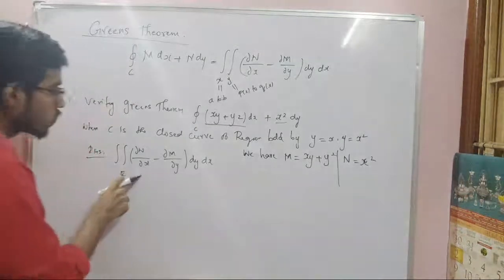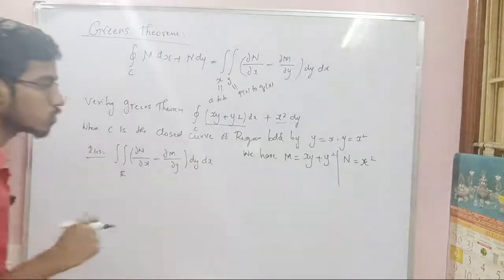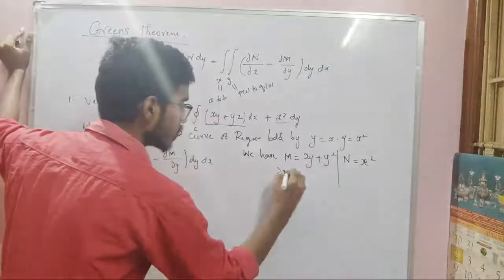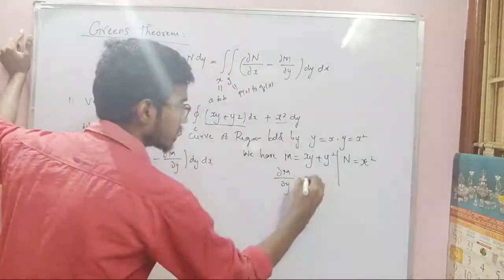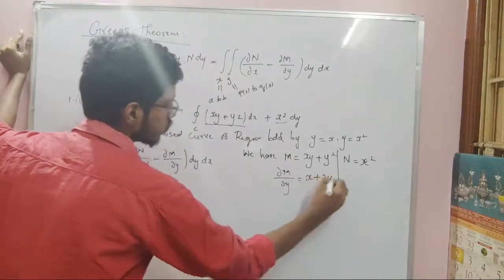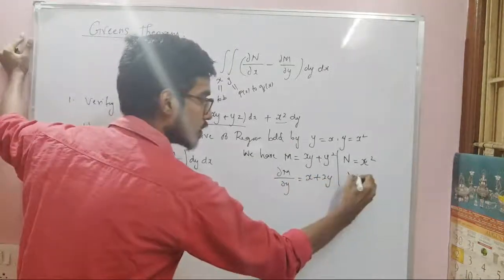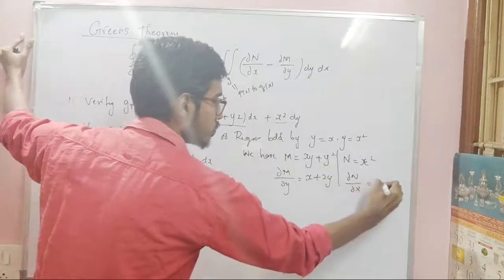Now we need dou n by dou x and dou m by dou y. So dou m by dou y is x plus 2y, and dou n by dou x is 2x.